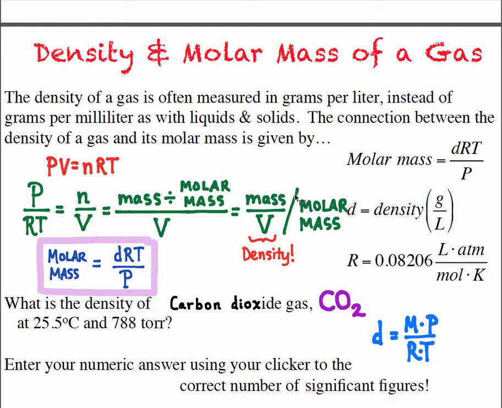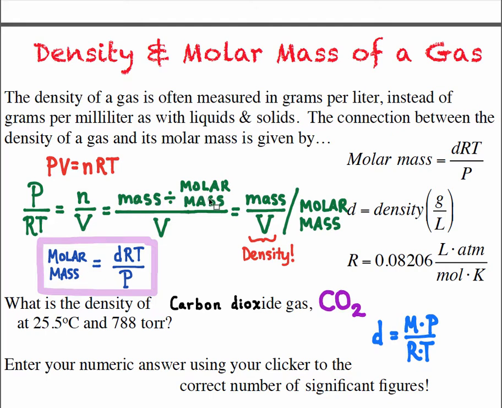So gases are different. They're in grams per liter because they're about 1,000 times more spread out than liquids and solids. But in any case, it's a relatively simple conversion to change PV equals nRT into the ratio of pressure to RT, gas constant, Kelvin temperature. Another name for the number of particles is the mass in grams divided by the molar mass.